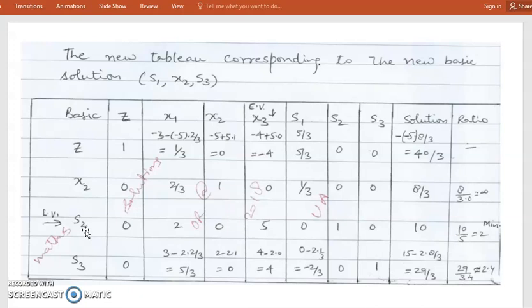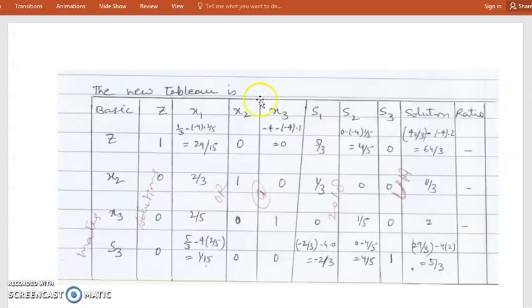We further do some calculation according to the Gauss-Jordan formula: x3 has entered, S2 has left. We divide this row by the pivot element, and with the help of this row we calculate the rest of the rows.